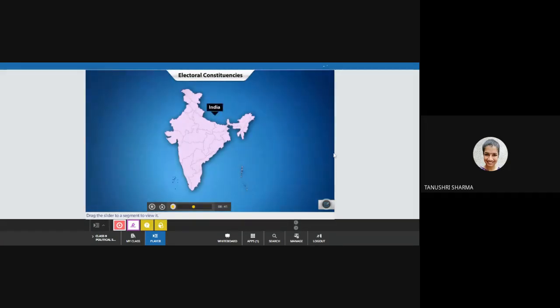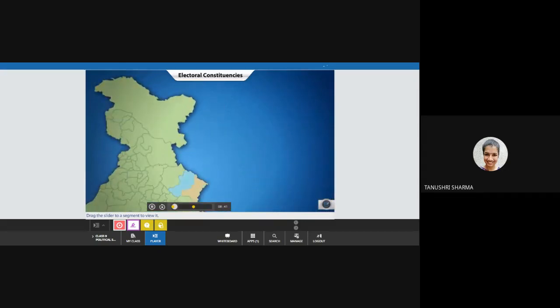India is a large country in terms of its area. Therefore, elections in India are held by dividing the country into fixed areas with a specified voting population. These fixed areas are called constituencies or seats.